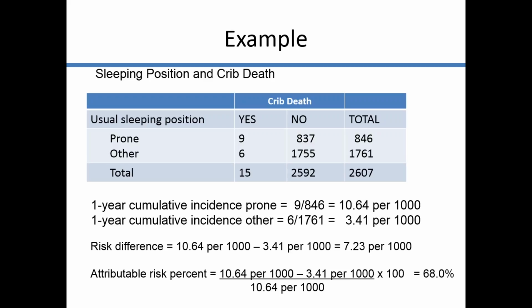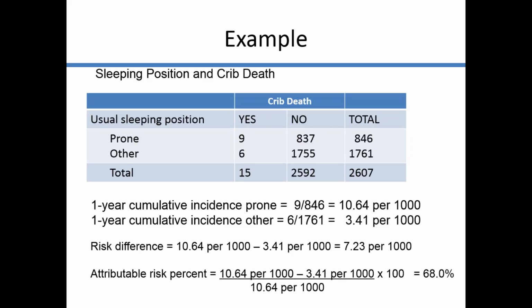And so we now calculate the etiologic fraction, or attributable risk proportion, whichever one you want to call it: 68%. Because we took the total risk in people who sleep prone as our denominator, and we took the percentage of it that was due to sleeping prone. That's pretty high.